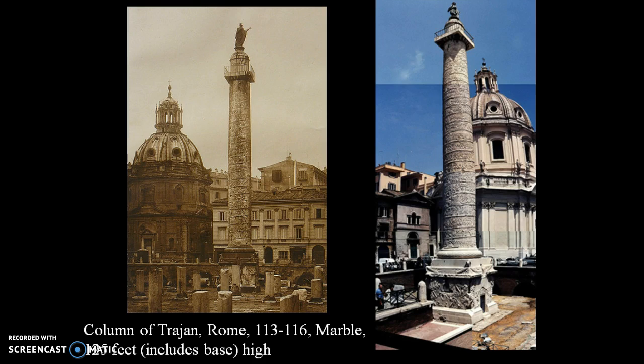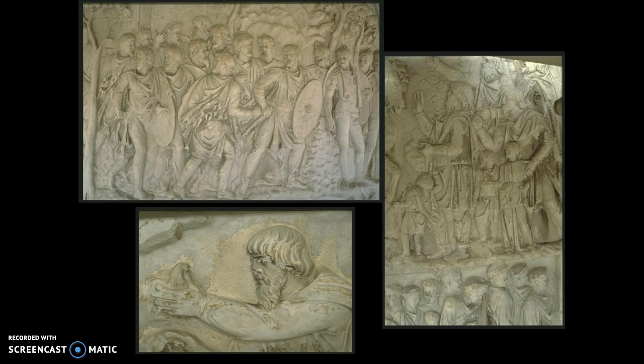So originally you could have climbed up it. I don't think you can anymore though. So again, it's a depiction of Roman propaganda. It's showing how awesome and how innovative they are, and also how much even their enemies end up loving them. And it's also depicting the other, who are these Dacians.